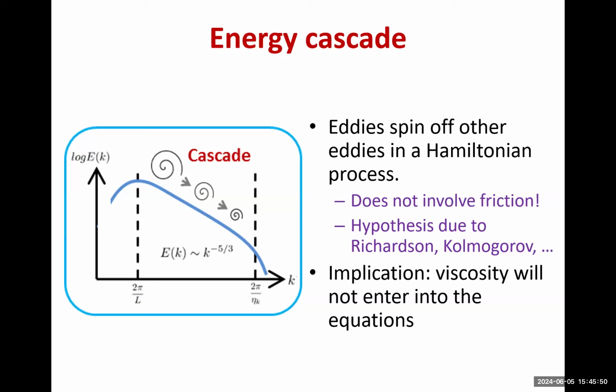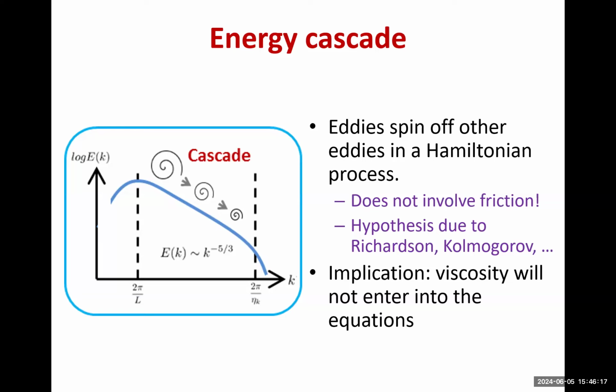Now that's not obvious. It was a guess made by Richardson in the 1920s, and then mathematized by Kolmogorov in the 1940s. So this process is not just the fluid winding down like the wheels falling off a bicycle. This is actually the dynamics of vortices. And when you simulate it, that's exactly what you see. In this region here, this whole process is called a cascade.